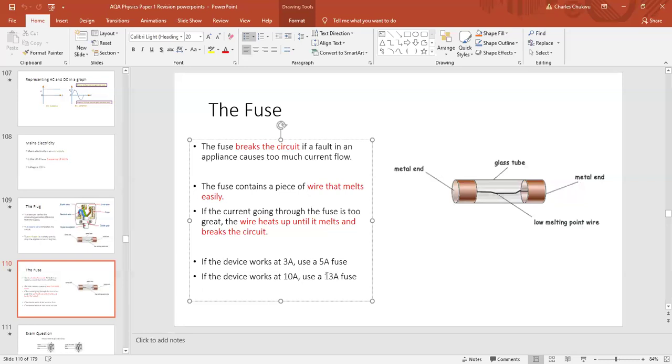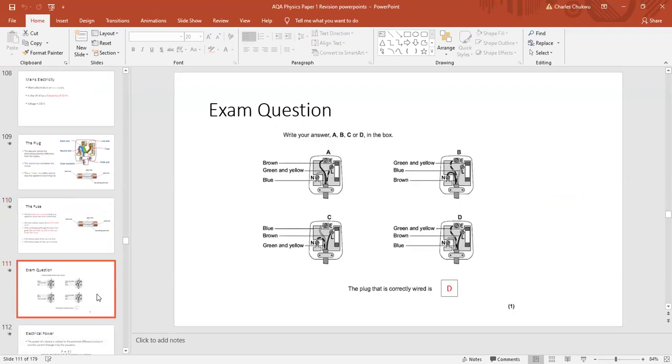If it works at 10 amps, a 13 amp fuse is used. So this is for different devices that are working at different current levels. So it's always good to take a look at the back of your plug to know which level the device is working at for replacing the fuse.